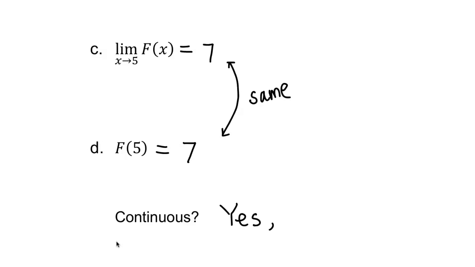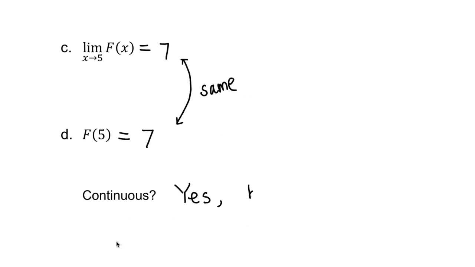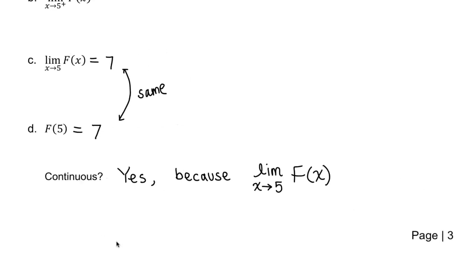I'll add a reason here, because the limit as x approaches 5 of f of x was equal to the function value f of 5. When they are the same, we get to say that yes, this function is continuous at x equals 5.